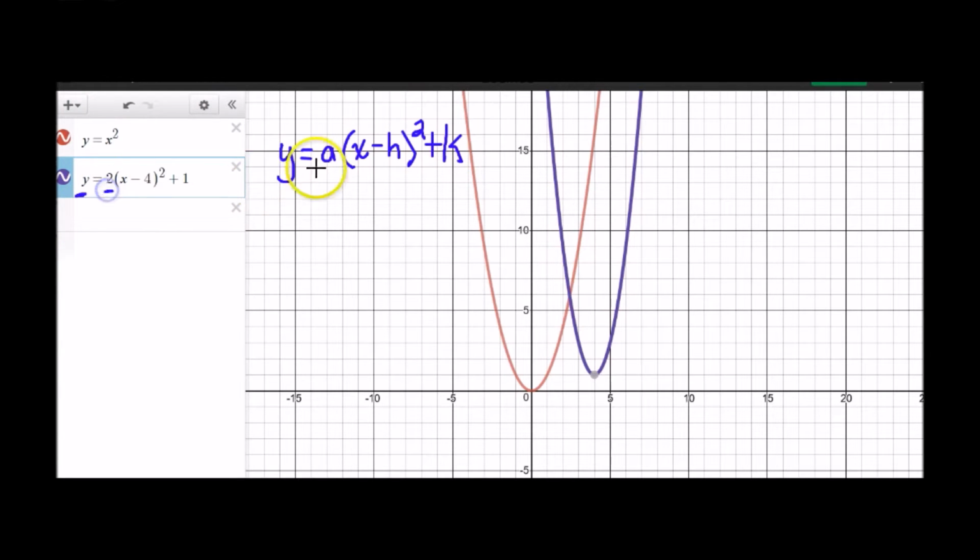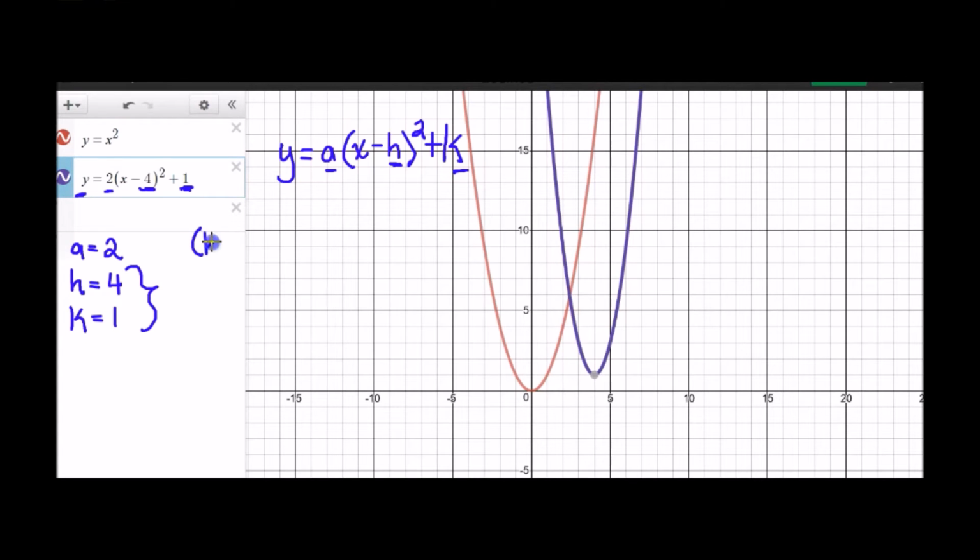And so my A value here is 2, so my A equals 2. Sometimes it really helps to put this down. Here we're analyzing this: my h actually equals 4, not negative 4, because don't forget that the negative is in that generalized form. And this one is my k, so my k equals 1. So I automatically know what my vertex is.